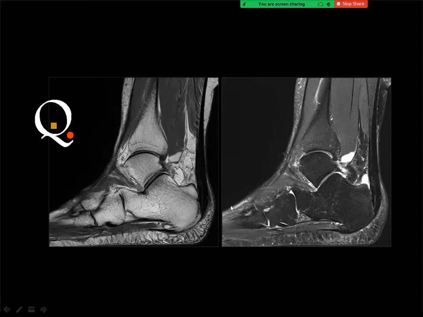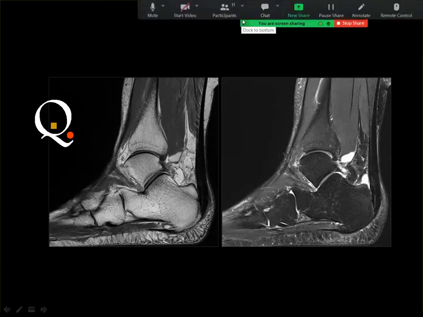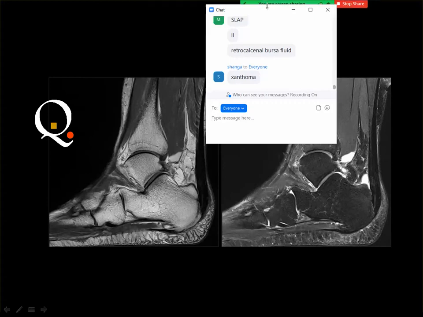And this is an MRI of the ankle, T2 and STIR images. Tenosoma, no. In a tenosoma, the tendon is markedly enlarged, but this tendon is slightly swollen.